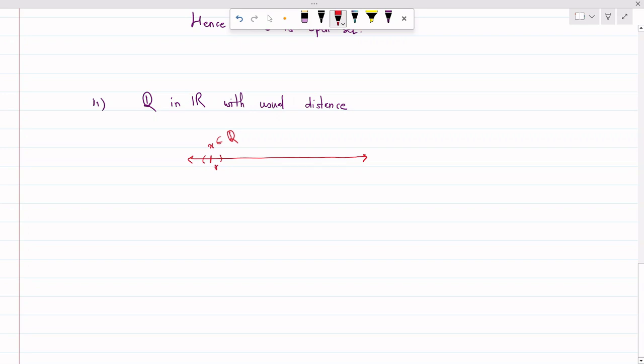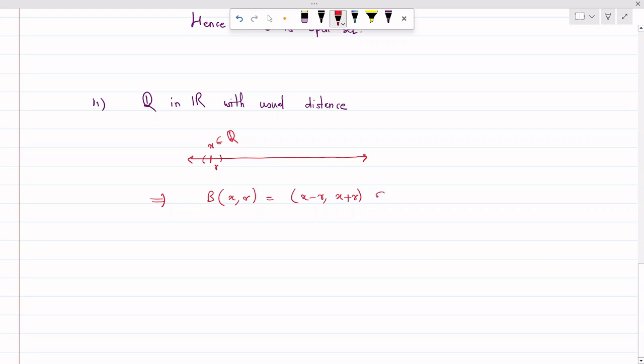definitely contain irrational numbers. So that means any open ball around x cannot be a subset of the rationals. So the open ball around the point x of any radius r is simply an open interval, x minus r to x plus r, because we are in real numbers with the usual distance.